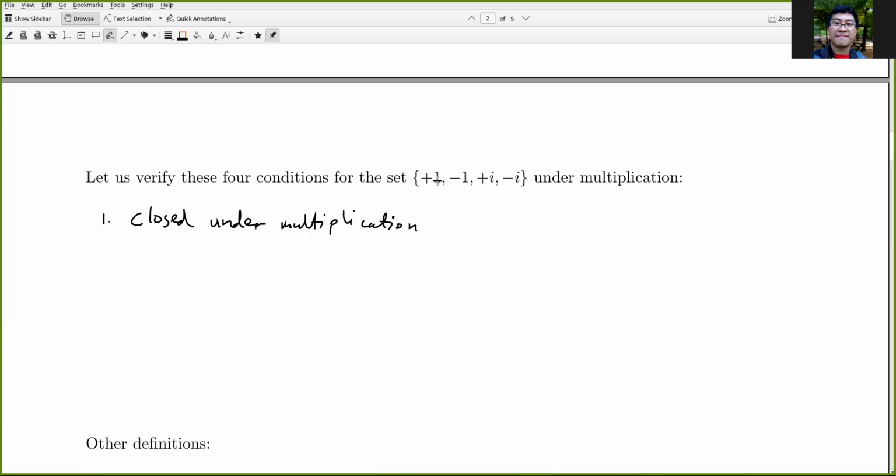Plus 1 multiplied by any of these, you get the same. Let's say -1 times -1, that's 1. -1 times i, that's -i, which is in the set. -1 times -i, that's positive i. You take all possible combinations, you'll always get one of these four numbers. So it is closed under multiplication.